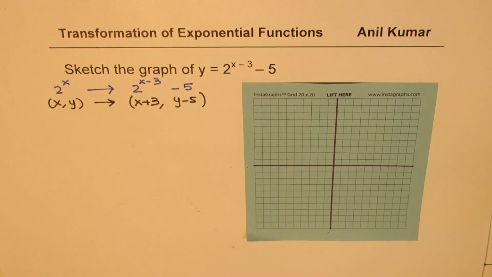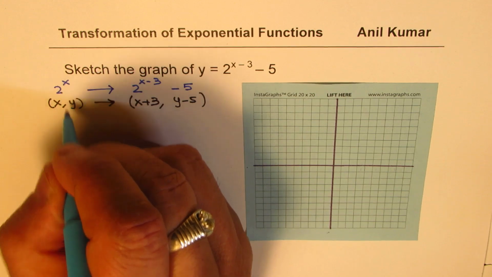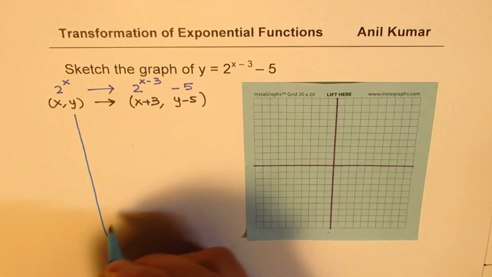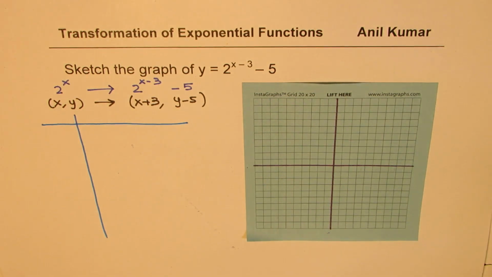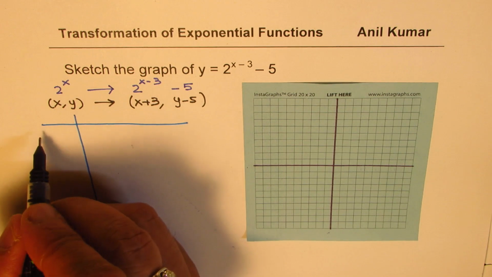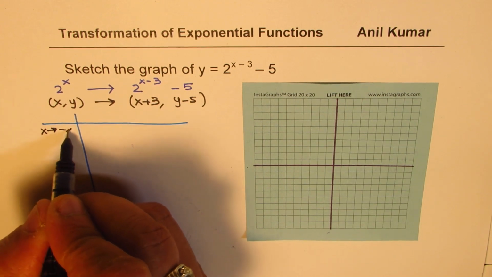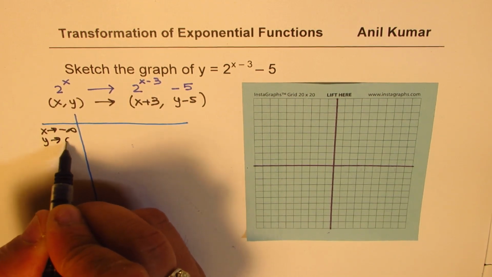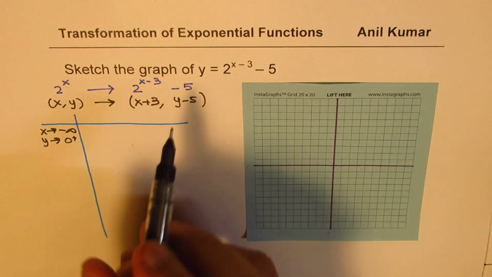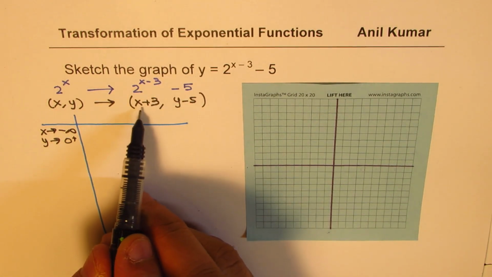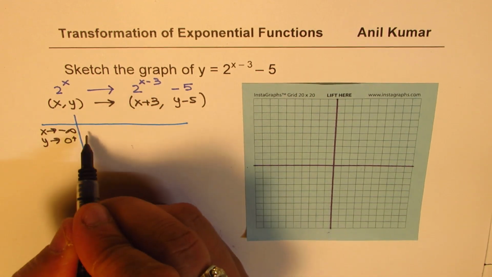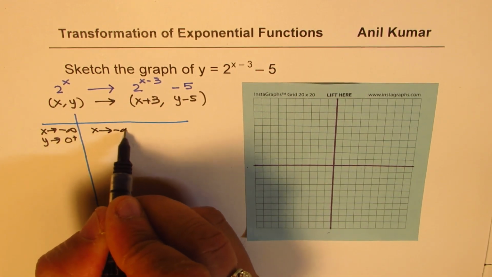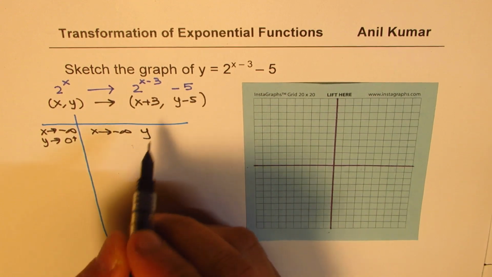Now, we'll consider 5 points on the graph of 2 to the power of x and see how they change when the transformation is applied. So first point to consider is when x approaches -infinity, y approaches 0 from positive side. But in this case, x we have to move 3 units to the right, but infinity doesn't matter. So when x approaches negative infinity, what happens to y?